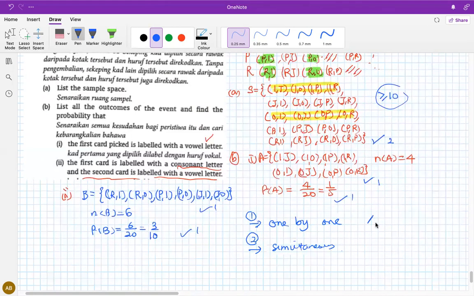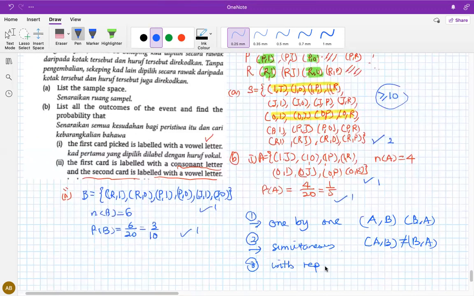For example, we have A and B. One by one, you have to list down B and A. If simultaneous, we only list A and B. We don't list B and A because these two are the same thing. And then 3 is we need to know with replacement or without replacement.